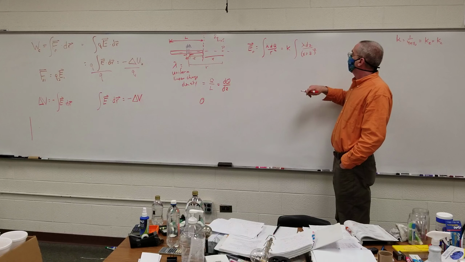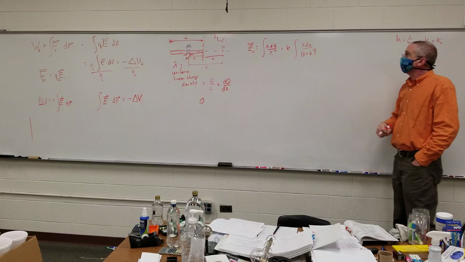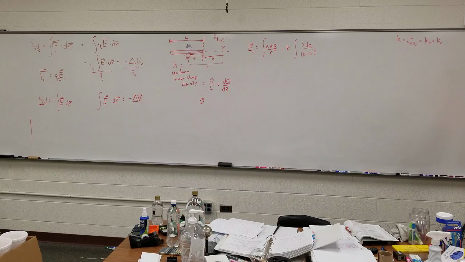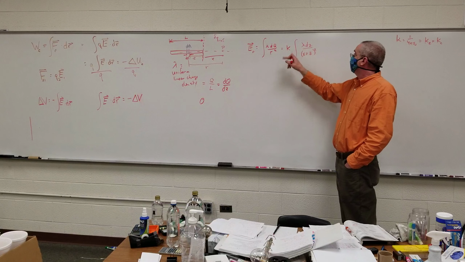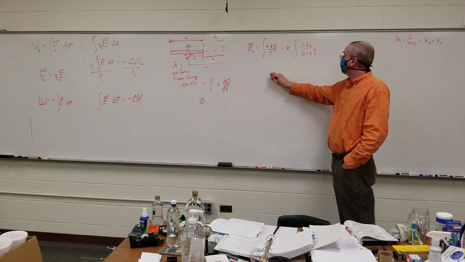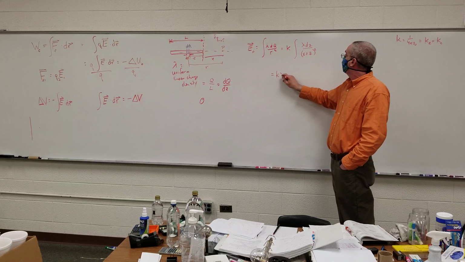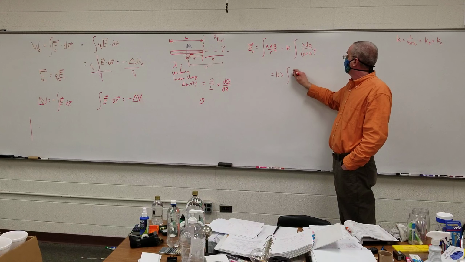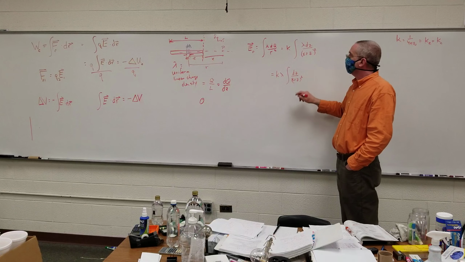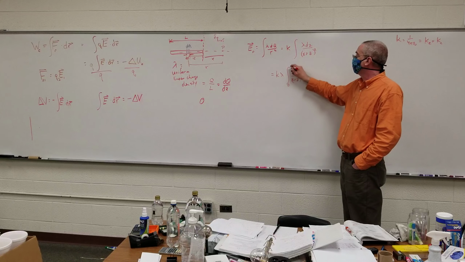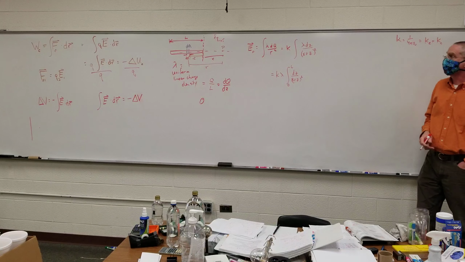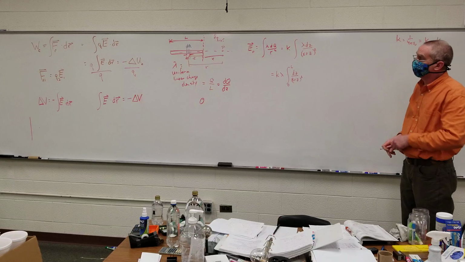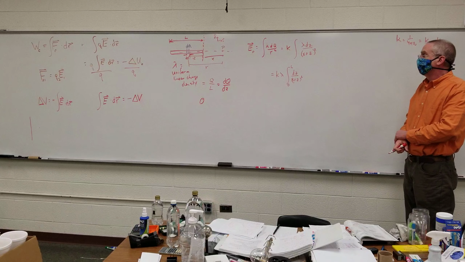And now I have a single variable here, z. Lambda is a constant, so I can pull that out. So this is equal to k lambda integral of dz over (x plus z) squared, and z is going from 0 to L. The smallest value of z is 0, and the largest value is the length of my uniform charge.